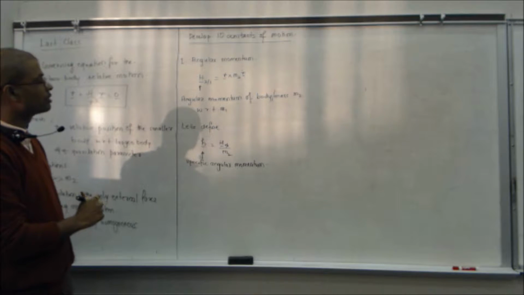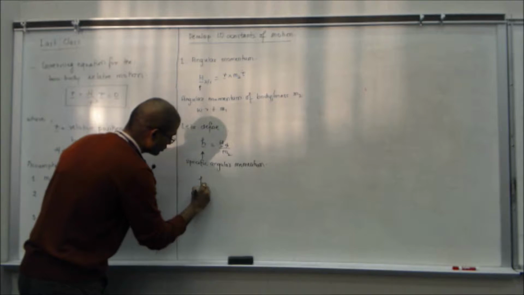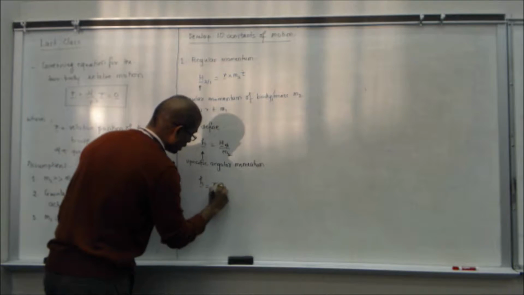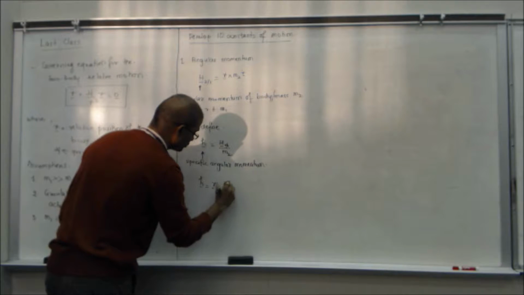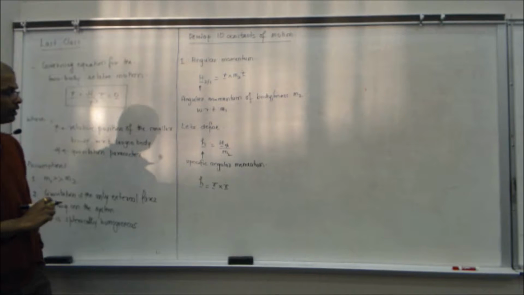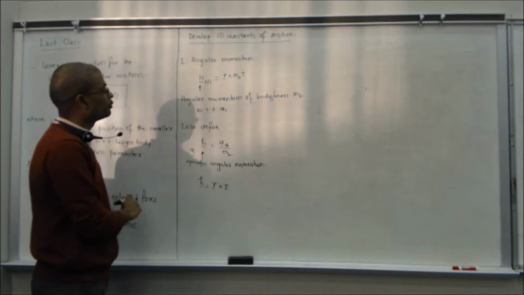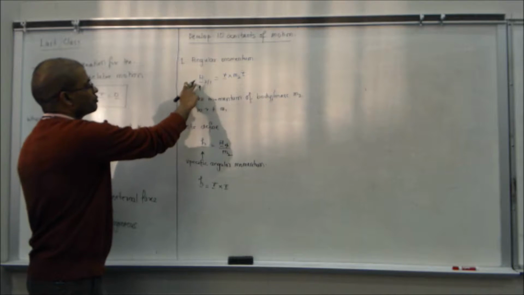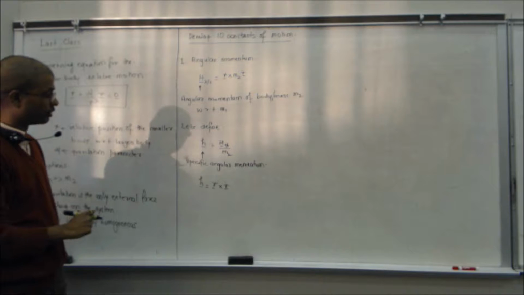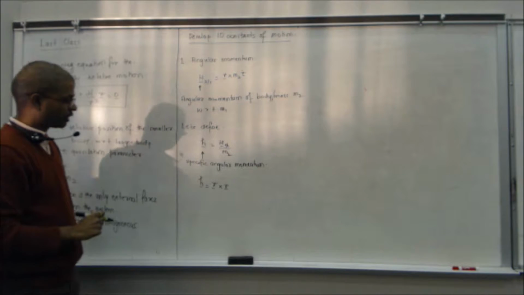Once we define this, you can write small h as r crossed with r dot, right? If you define specific angular momentum as h 2/1 over m2, you can write r crossed with m2 r dot, or sorry, r crossed with r dot. This is the specific angular momentum.